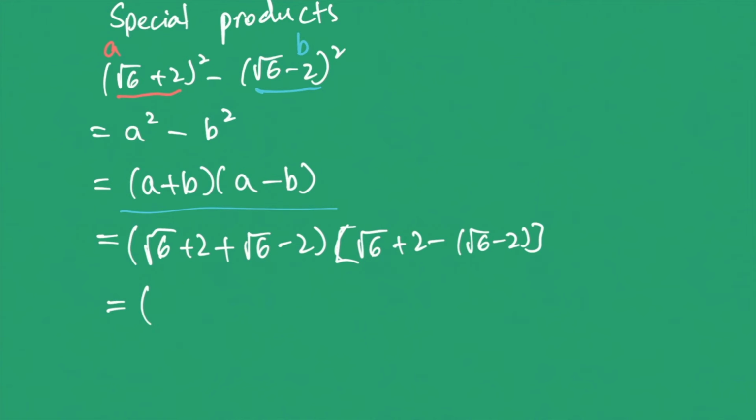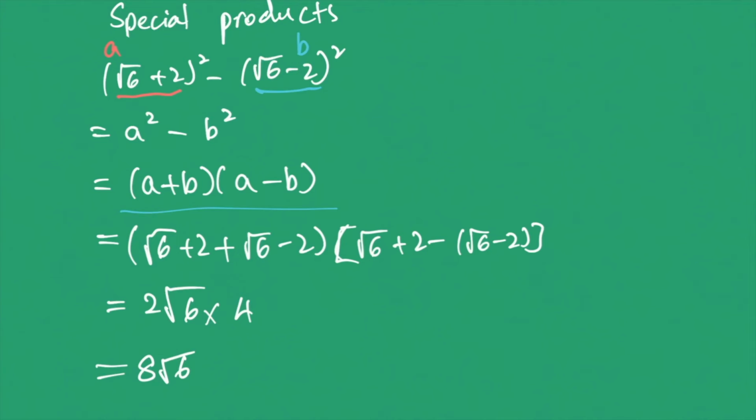Then we simplify the part inside of the bracket. So it's 2 square root 6 times 4, equals 8 square root 6.